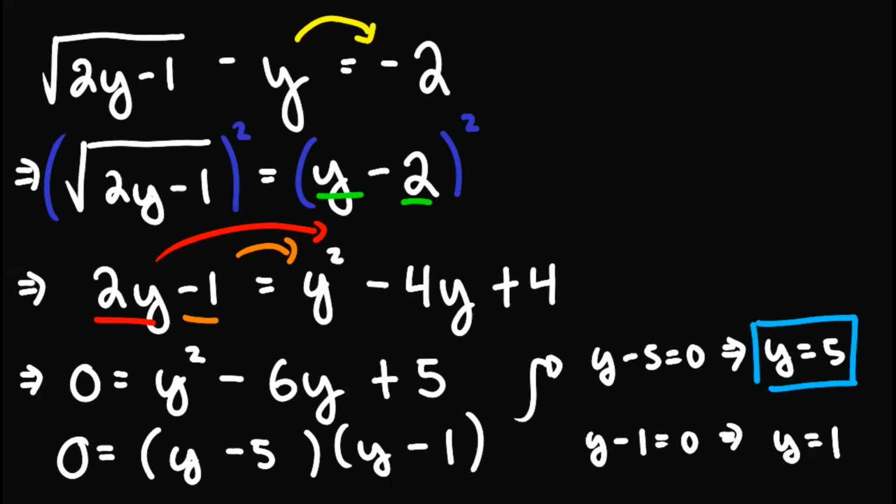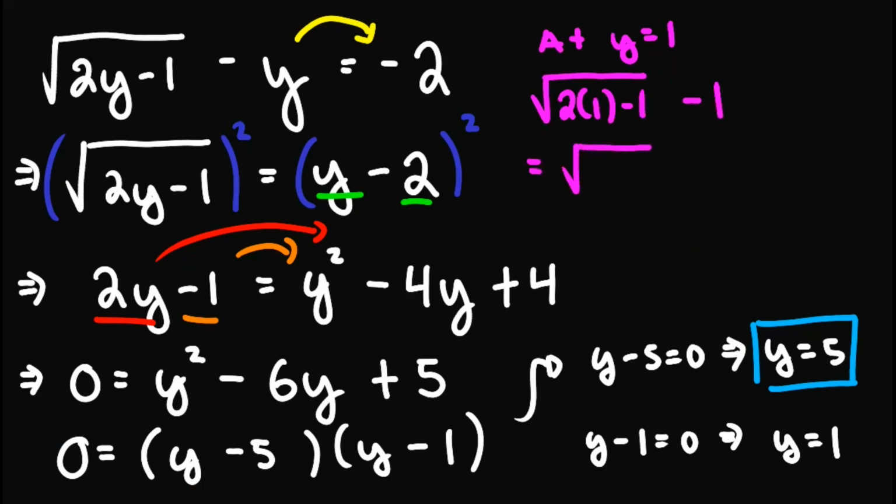How about the other one? Observe that at y equals 1, we have the square root of 2 times 1 minus 1 minus 1. And this one is equal to the square root of 2 times 1 is 2 minus 1, then minus 1 out here. 2 minus 1 is simply 1.